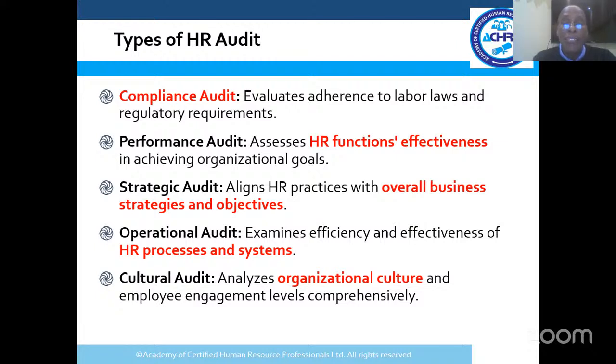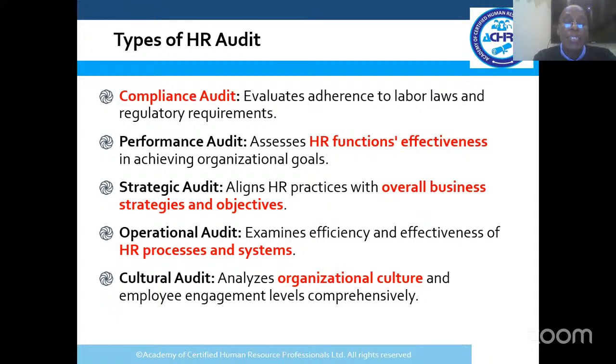One is the mission, that the HR function must help to achieve the purpose of the organization. Every organization has its mission. That is the core business it's doing. And if HR has to audit it, it must focus on how the functions are helping to achieve the mission.